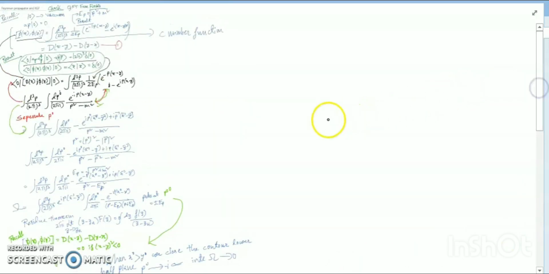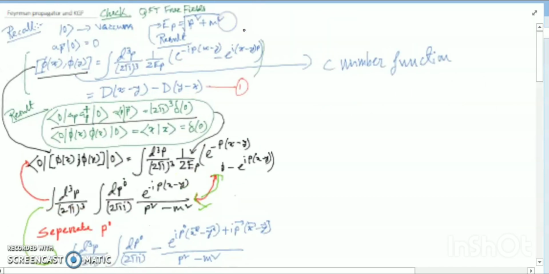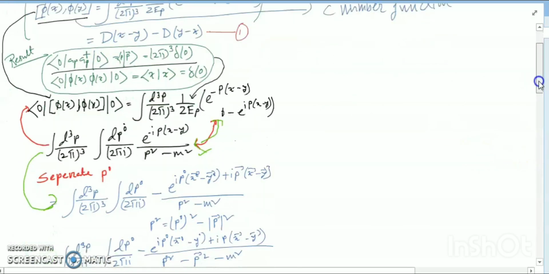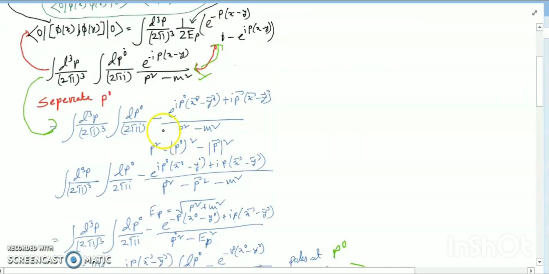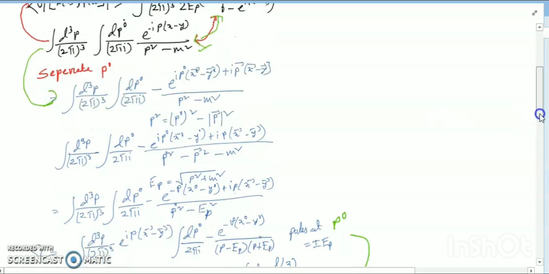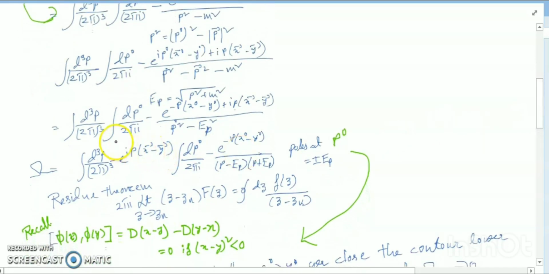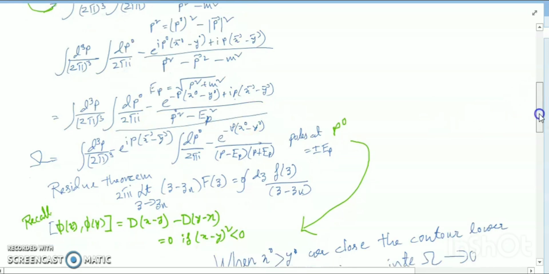Simple plugging in. This value I have already got, so just plugging it in.